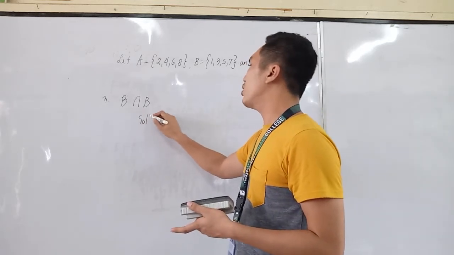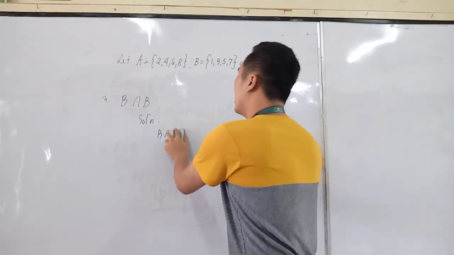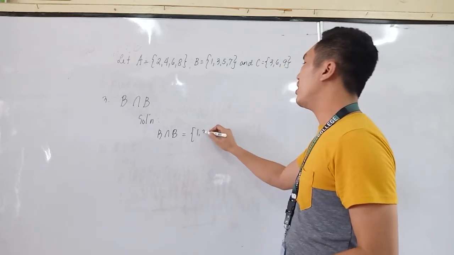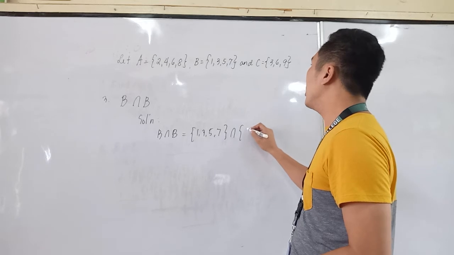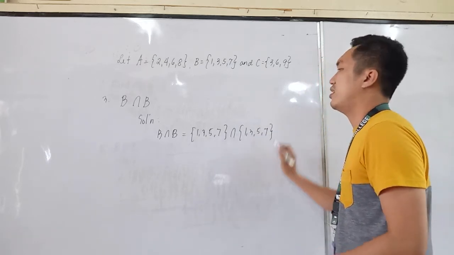Now, for the solution, we have B intersection B. So we have 1, 3, 5, 7 intersection with 1, 3, 5, 7.